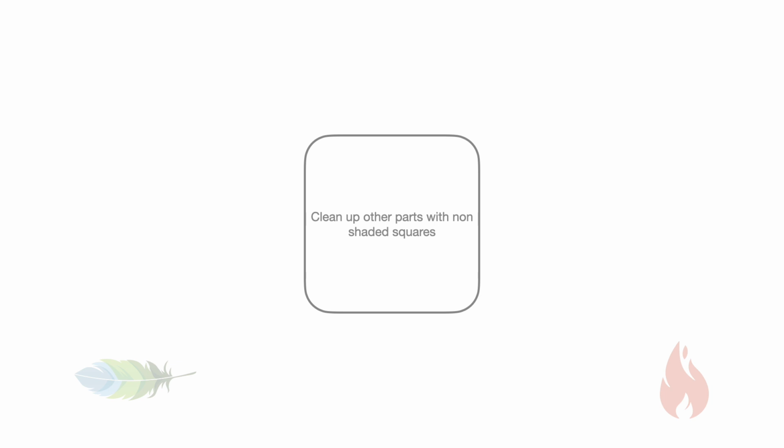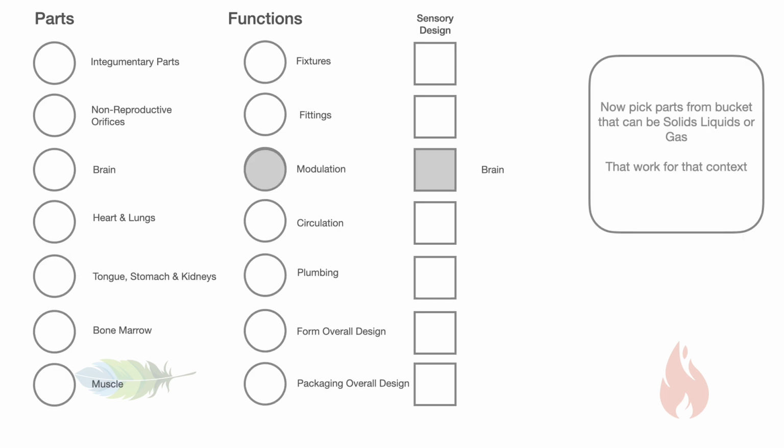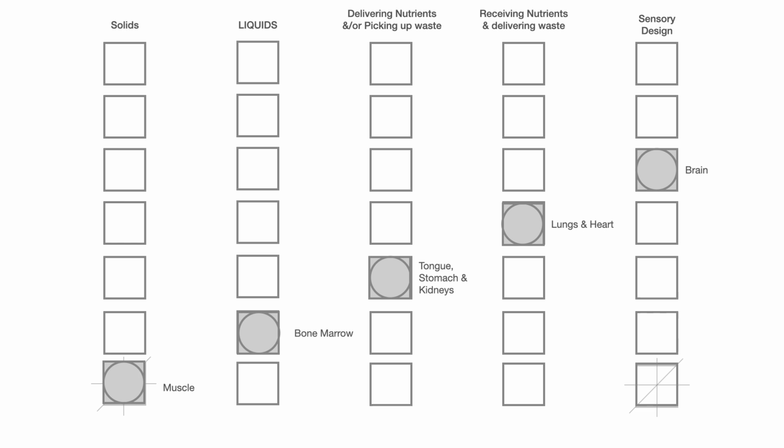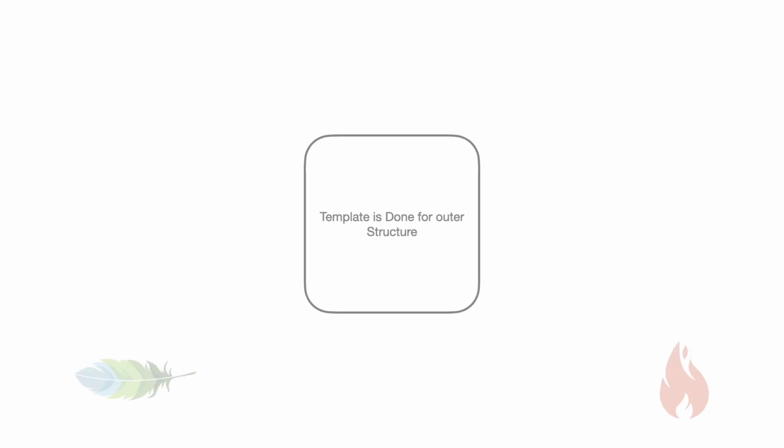All right, so we'll go ahead and clean up the parts that aren't alongside the gray box. And there we go. All right, so we've completed the template here for the inner structure parts.